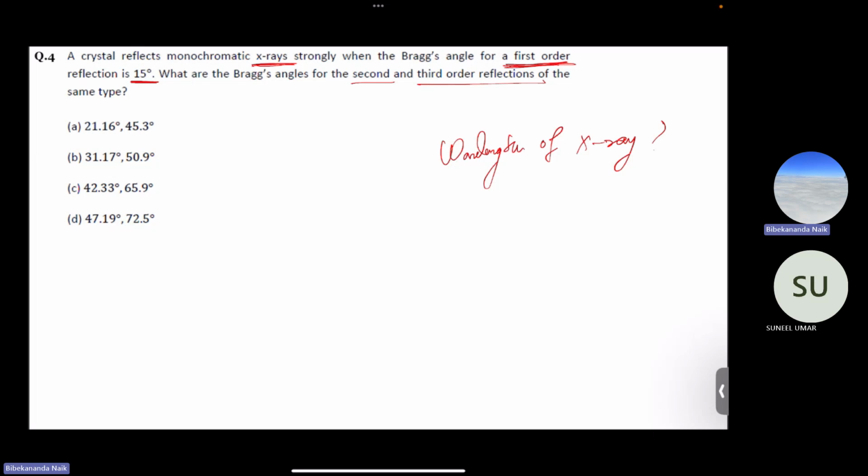So first, from the given information, we will calculate the wavelength of the X-ray, and then use the same wavelength to calculate the Bragg's angle for second and third order reflection. I'll give a few minutes to try this question and then I will discuss.